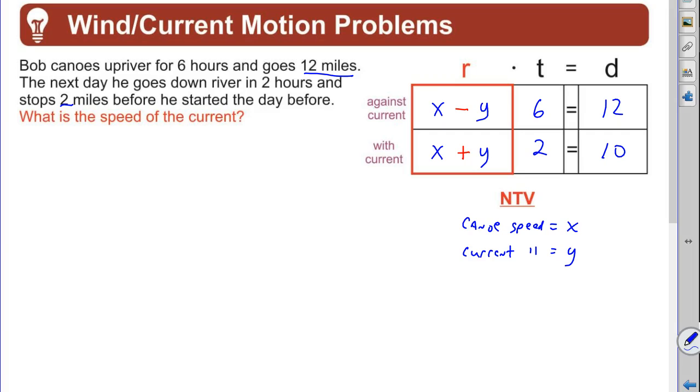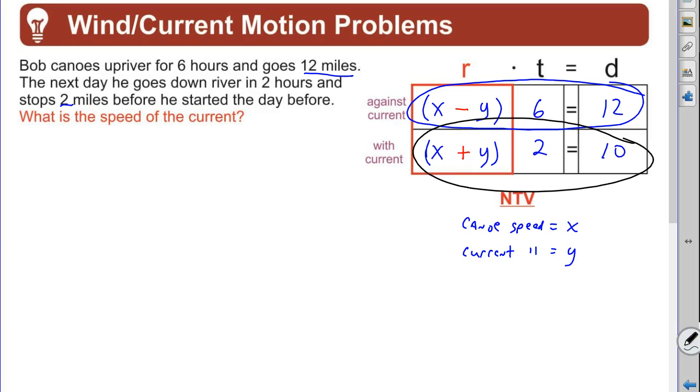All right, what students like about these is the equations are the rows. So here's one equation. And don't forget, we're going to need parentheses here, right? And here's the second equation right here. Okay, so I'm going to distribute as I write the equation. So this ends up being 6x minus 6y equals 12.